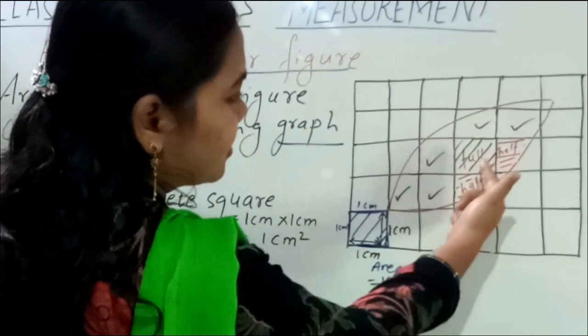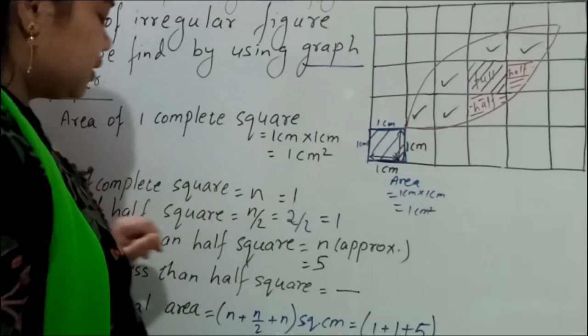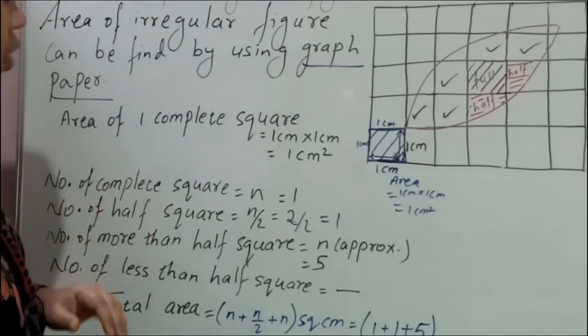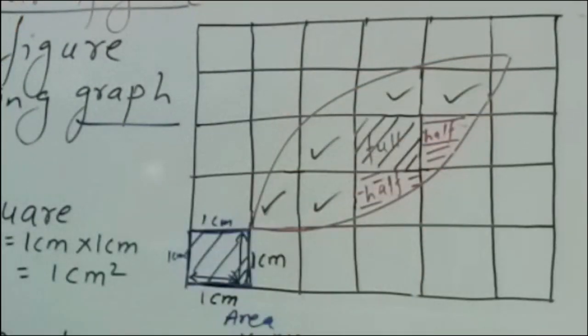You can see in this leaf only one. Number of complete squares: 1.